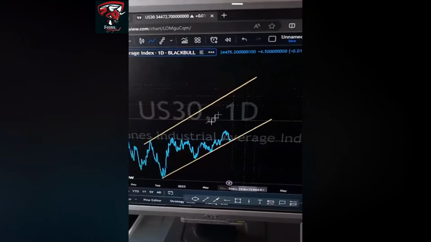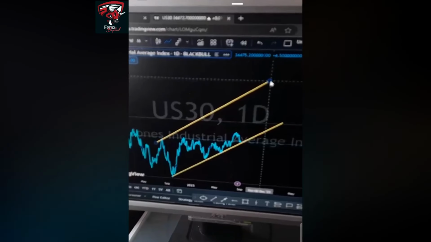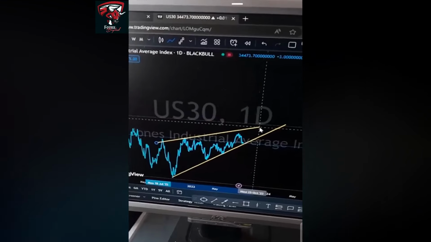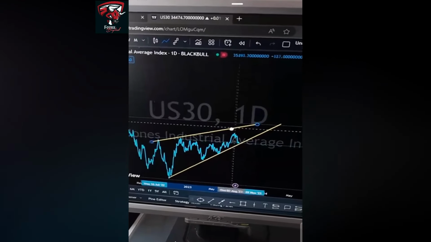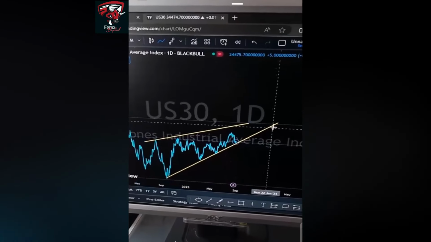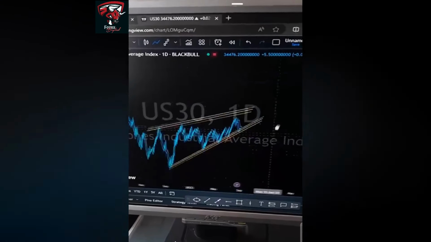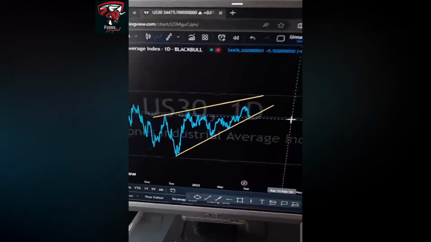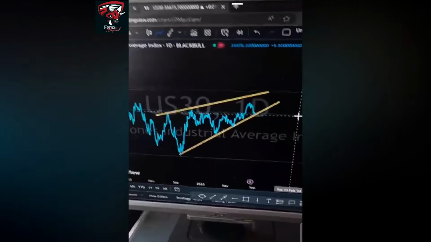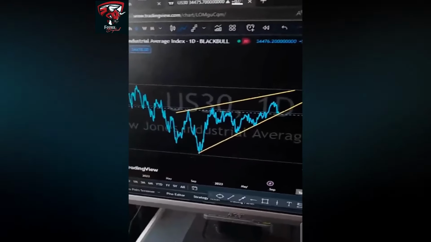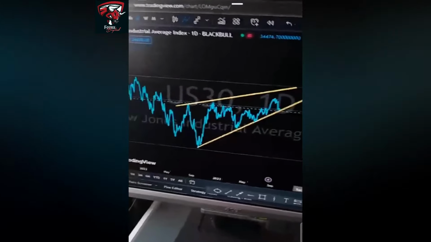Someone will be like, why is your thing floating? You can still make it a flag, guys. There's so many ways to trade. It's all about what works for you. We'll never analyze the same way. Trade how you understand the market. Just because I analyze like this, you don't have to be me. Find your own abilities.